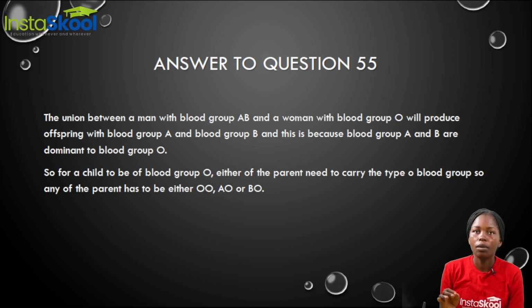That is, they must carry the O blood group in their blood type. So the answer is 0%. There is no chance that they'll bring to life a child with blood group O.